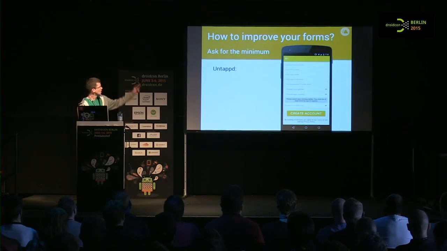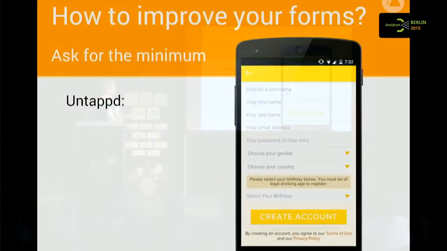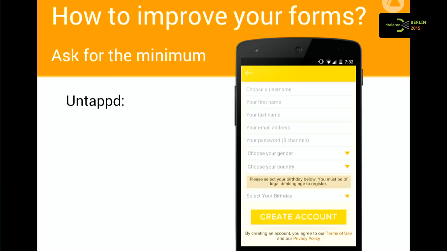So you have all this information that you need to fill. The username, last name, first name, email address, a password, your gender, your nationality, and your birthday. That's way too much. First, it's way too much for one single screen. They could split it in different areas.